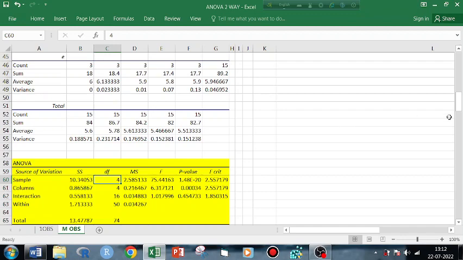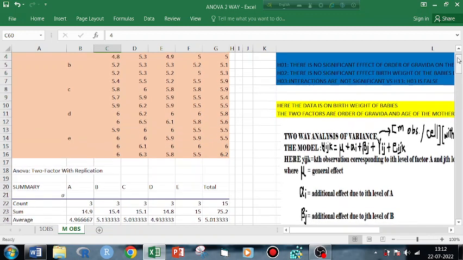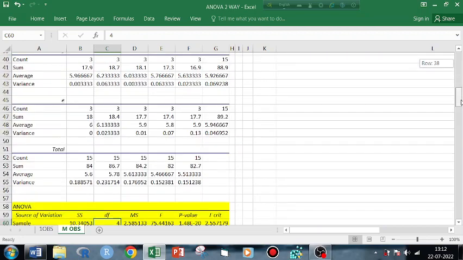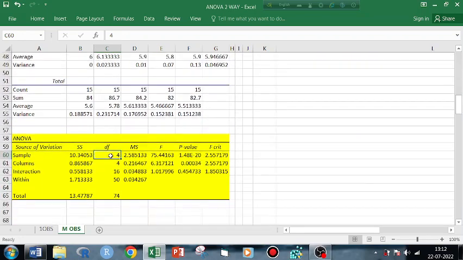Now, how is this DF calculated? We have 75 observations here. You can see 75 totally, and we have 5 orders of the gravida. So that's 5 minus 1 gives 4. We have 5 age groups of the women. That's 5 minus 1, again 4. Totally we have 75, so 75 minus 1 is 74.